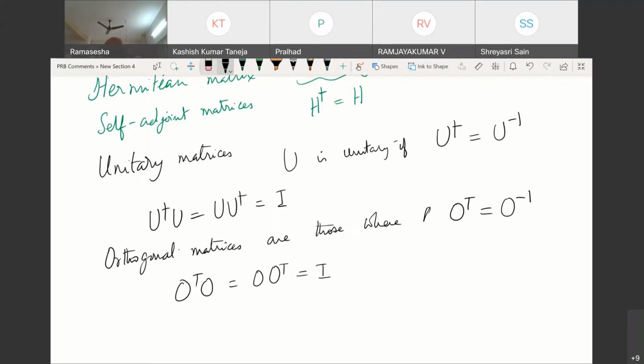So we will study all the properties of Hermitian matrices as well as unitary matrices, because your Hamiltonian can be represented as a Hermitian matrix, and any coordinate transformation or transformation of the basis that you make to obtain a new operator or a new matrix for an operator is usually a unitary transformation, except in very few cases where it is not unitary. For example, when you have time reversal, it will be an anti-unitary matrix.